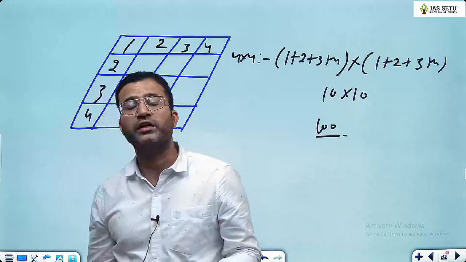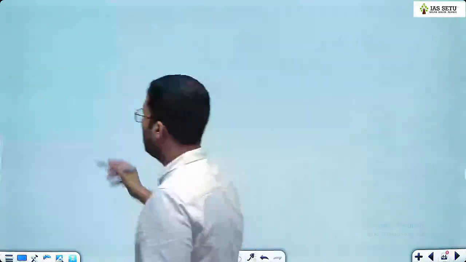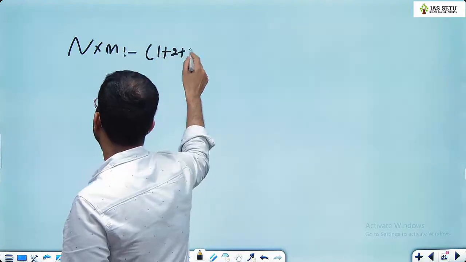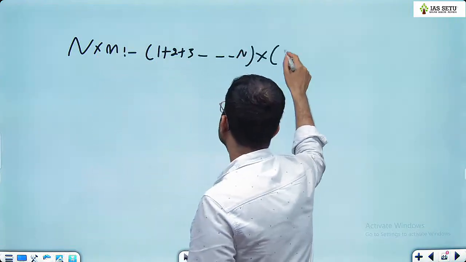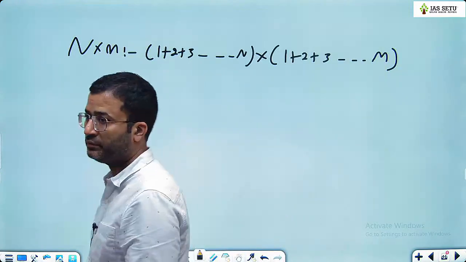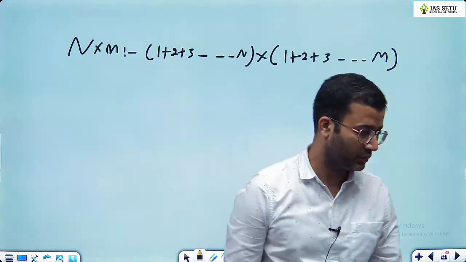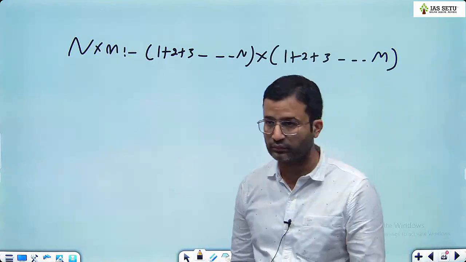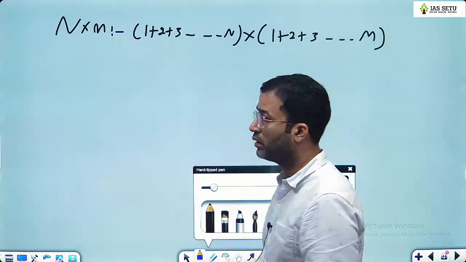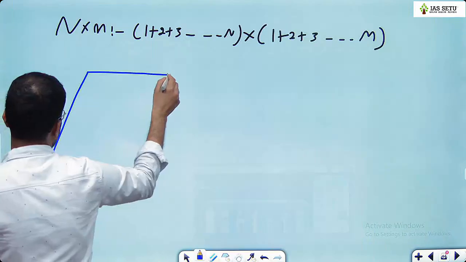Next comes where it is not an n by n figure, it is an n by m figure. Same thing. Here the formula will be bracket start 1 plus 2 plus 3 up to n. Second bracket start 1 plus 2 plus 3 up to m. I take one example and one I will ask you.